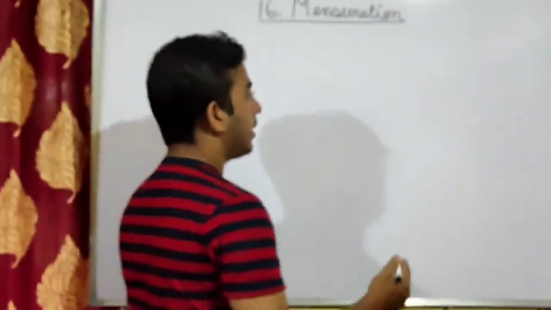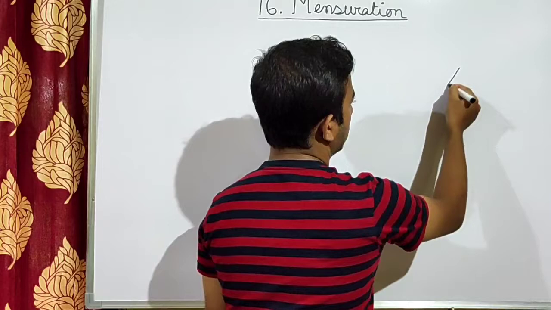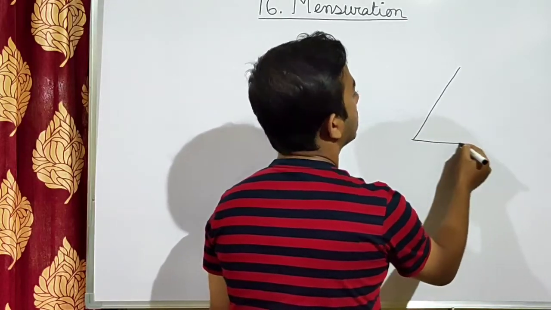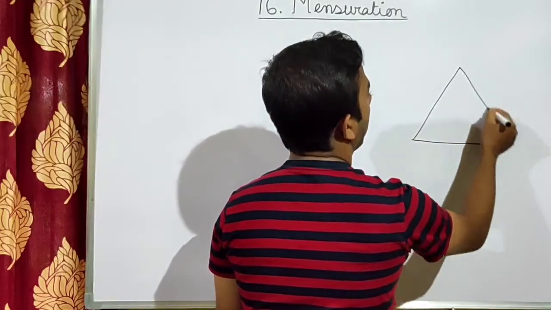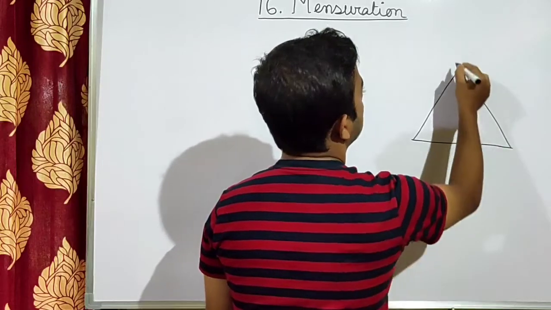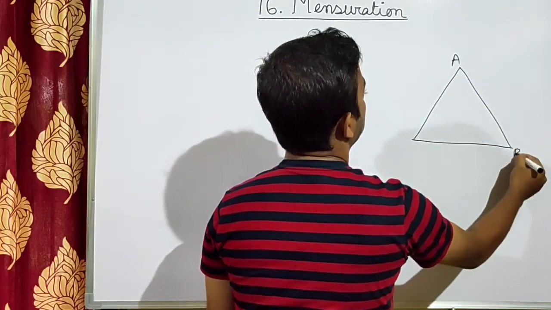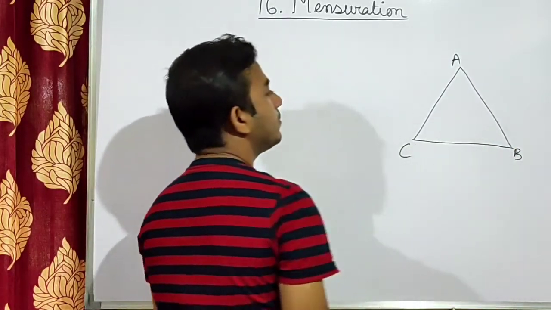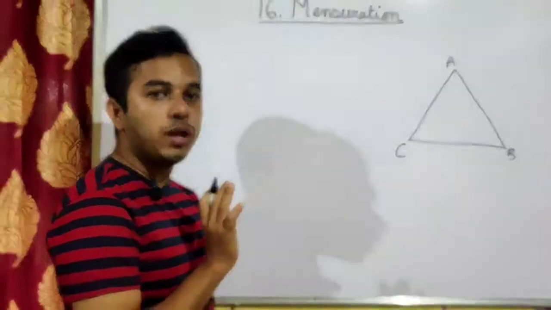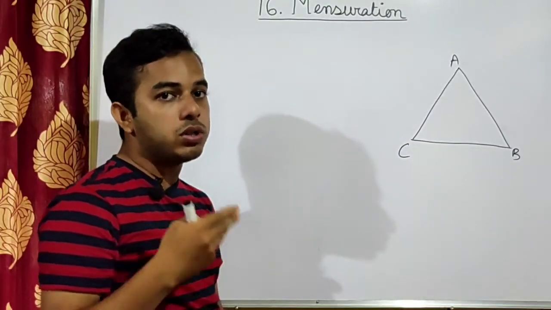Okay. Now we will go to the triangle. A triangle has three angles. Suppose A, B, C. This is an equilateral triangle. Equilateral triangle means all sides are the same.